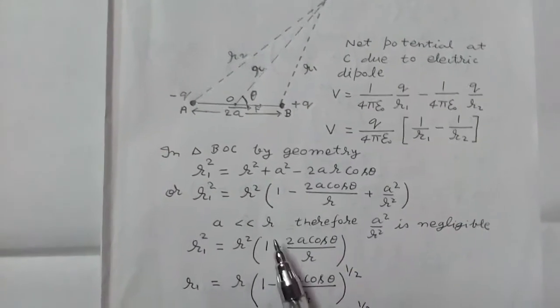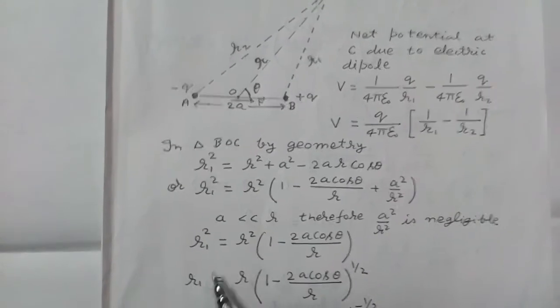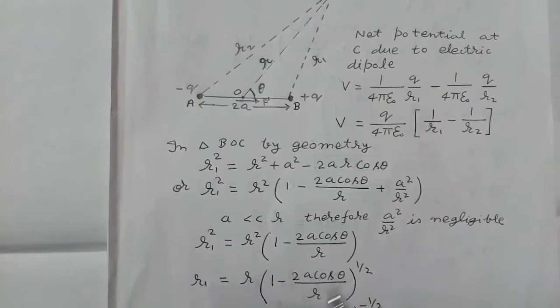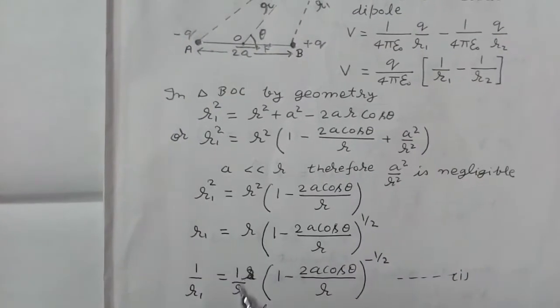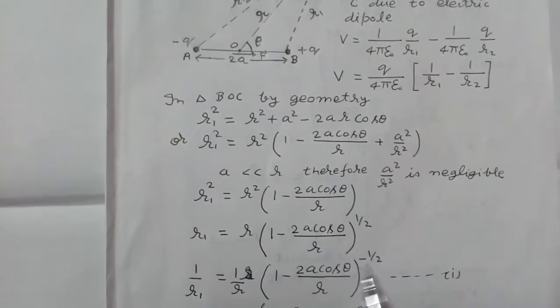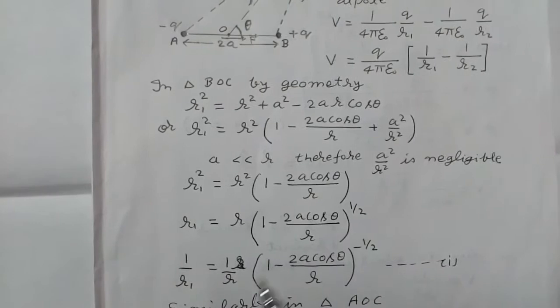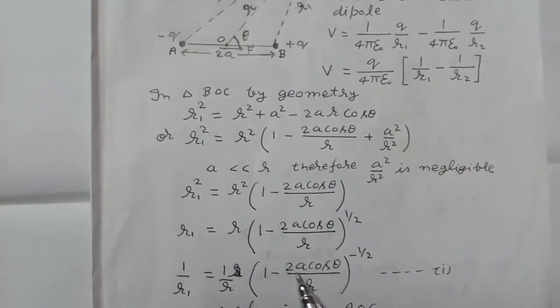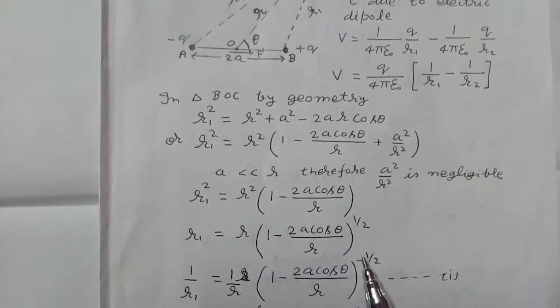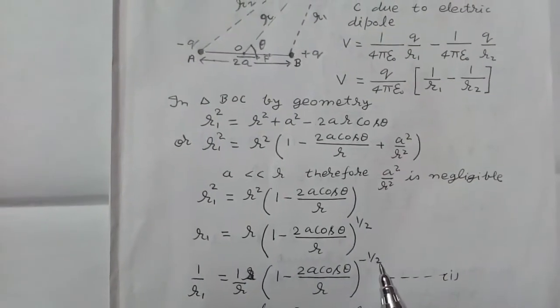Now take the square root of both sides. So R1 is equal to R, and in bracket 1 minus 2a cos theta by R, to the power half. So 1 by R1 is equal to 1 by R, and this power becomes minus 1 by 2. So 1 by R1 is equal to 1 by R, in bracket 1 minus 2a cos theta upon R, to the power minus 1 by 2.